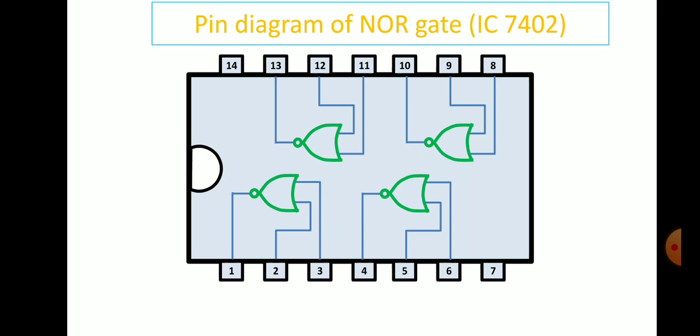Just like the NAND gate, the NOR gate IC also consists of 4 gates within an IC. Also, pin number 7 has to be grounded, and pin number 14 has to be connected to VCC, the plus 5 volt power supply. So, the identification of pins is just as we discussed in the previous case.